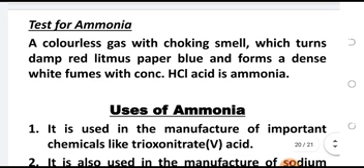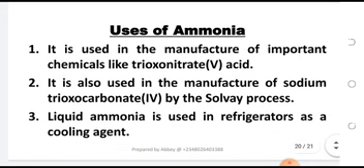So what about the uses of ammonia? It is used for manufacturing important chemicals like HNO3, that's trioxonitrate 5 acid, also for making sodium carbonate by the Solvay process. In the Solvay process, sodium carbonate is made and ammonia is one of the raw materials being used.